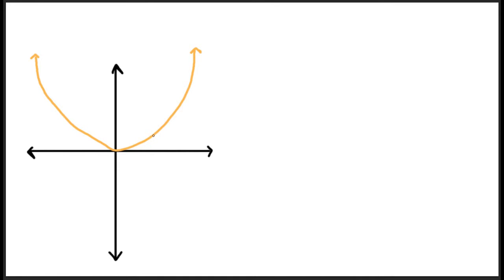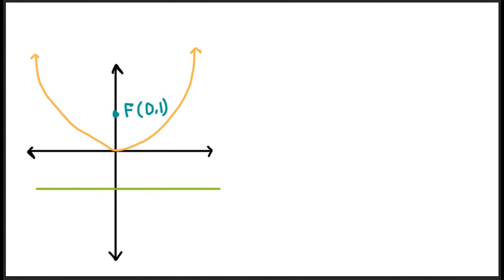Oh, I forgot to explain that this focal point is always enveloped by this parabola. It's never on the other side. And at the same time, the directrix is always on the other side of the parabola.